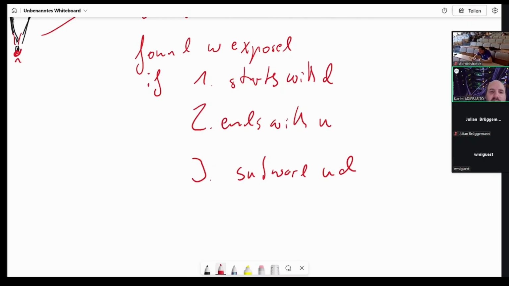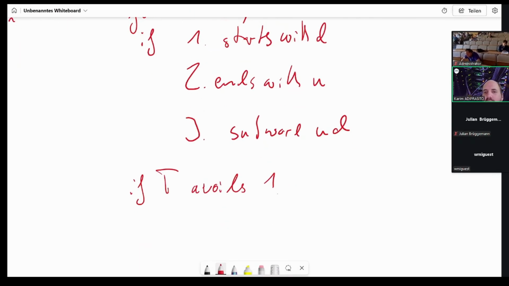Well, but notice that if the sequence avoids 1, it has to start with an up.